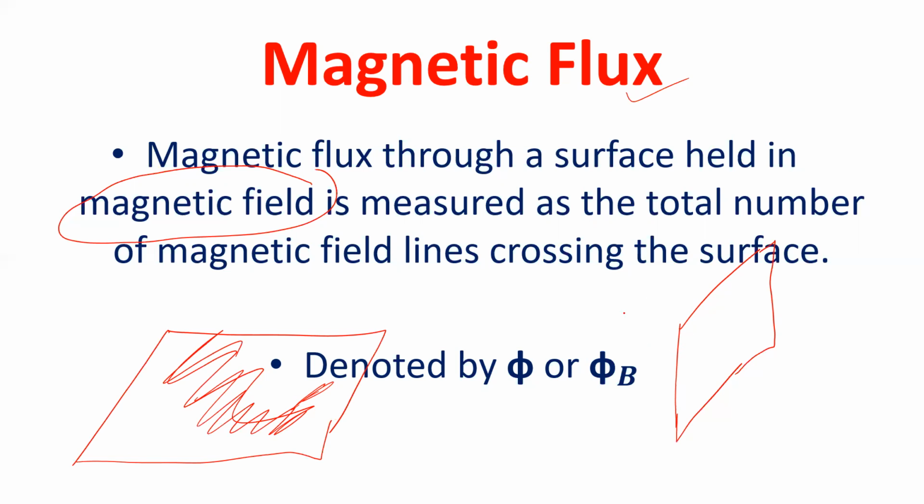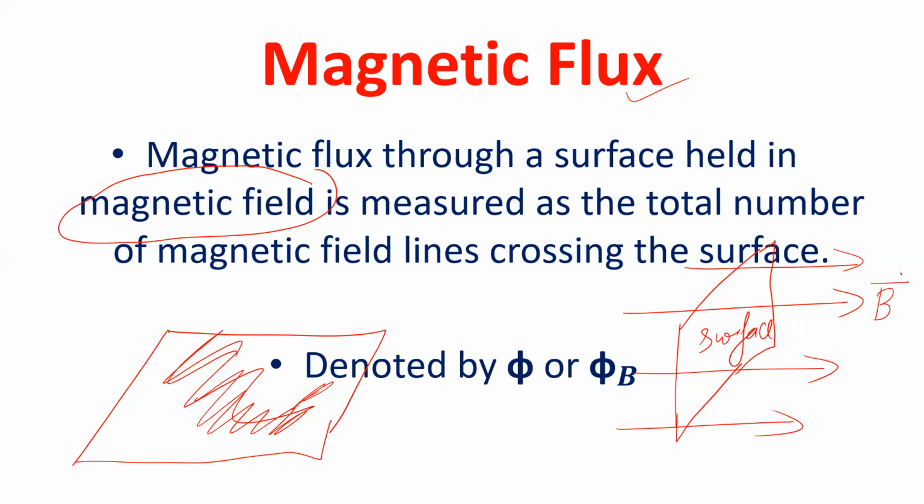So I'm drawing some lines, and those lines are magnetic field lines. It is clearly visible here that the lines are crossing this surface completely. Every line is crossing it, and I'm calling these lines magnetic field lines.